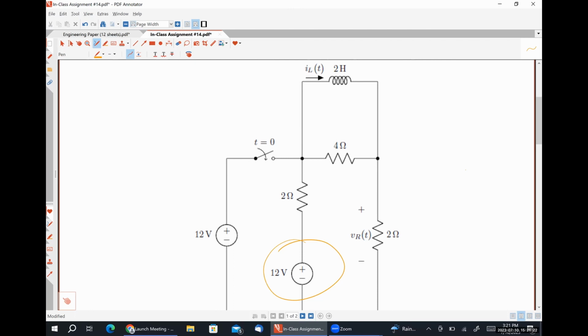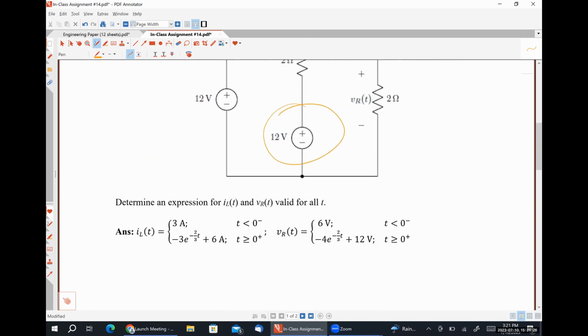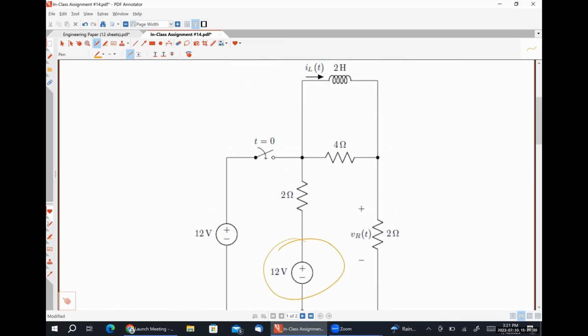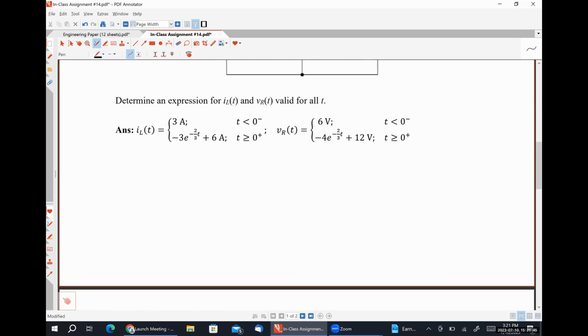All right, so I don't think I left a ton of room here. We could probably make it work. All right, so our goal here is to solve for IL and VR as functions of time. So the first thing that we're going to have to do is analyze this circuit at t is equal to 0 minus. So let's see if we can squeeze that in.